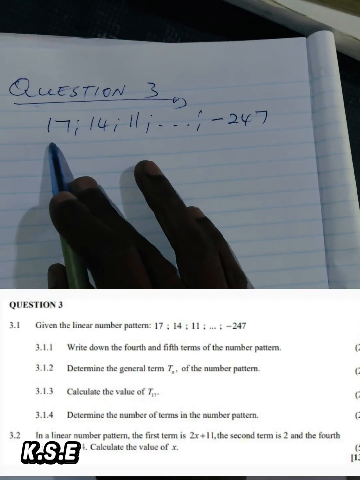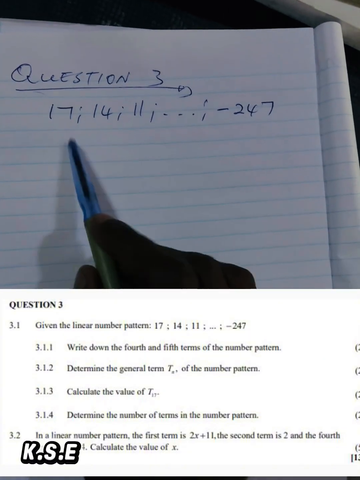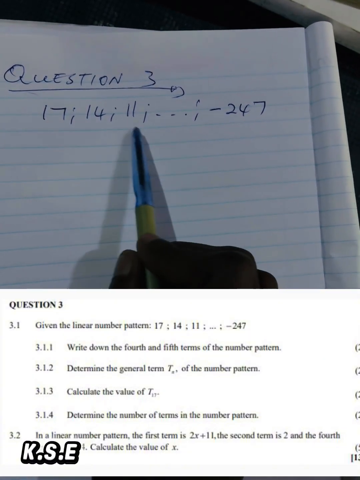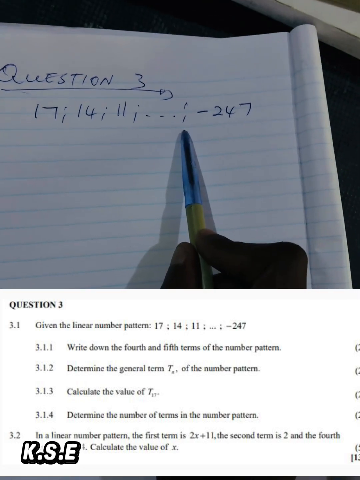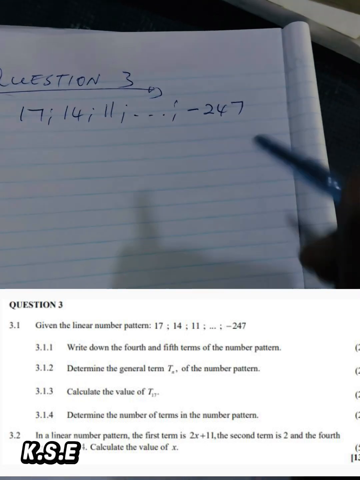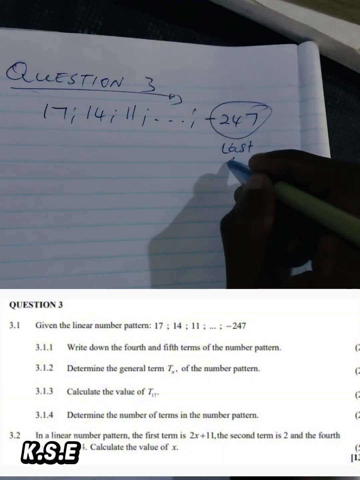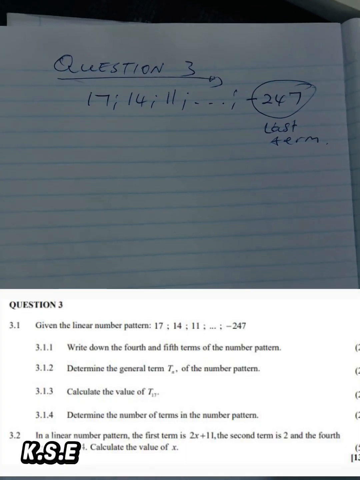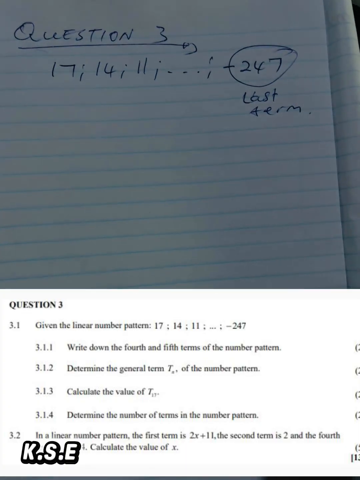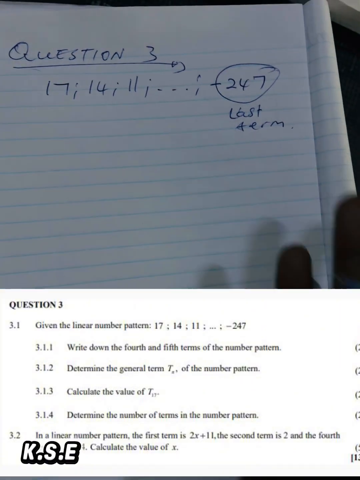When you see a series or a pattern like 17, 14, 11, then dot dot dot, then a comma, then this number, this stands for the last term of the pattern. It's our last term of the pattern. I hope I'm good with that. Meaning now we can move on to the next question.